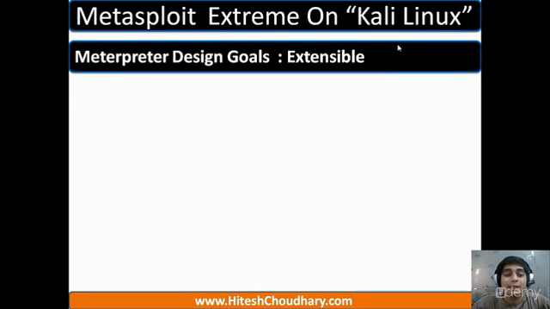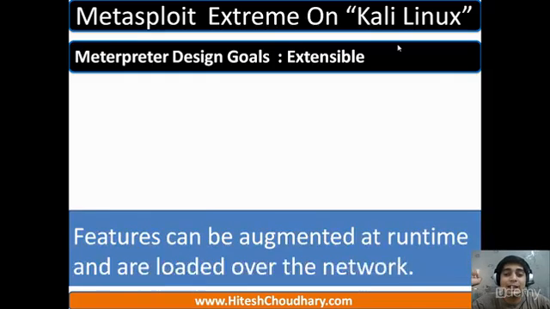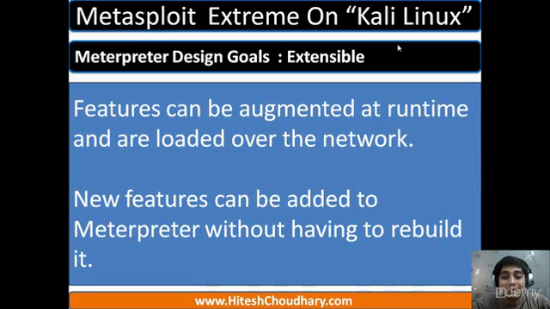Meterpreter design goals also have one great feature, that is extensible. Suppose you are a programmer good enough in Ruby and you find yourself in trouble because a feature is not there in Meterpreter. What you can do is use your programming skills to write new extensions or add-ons.